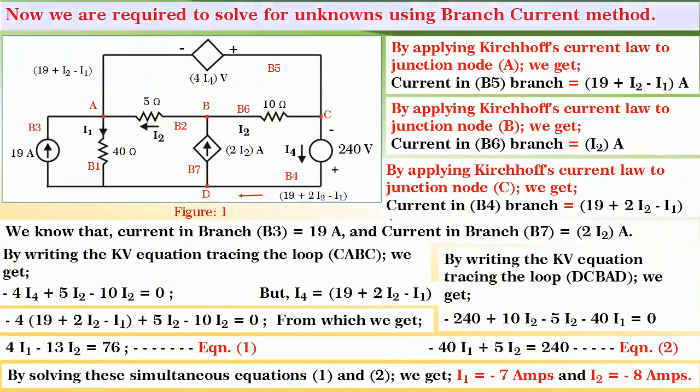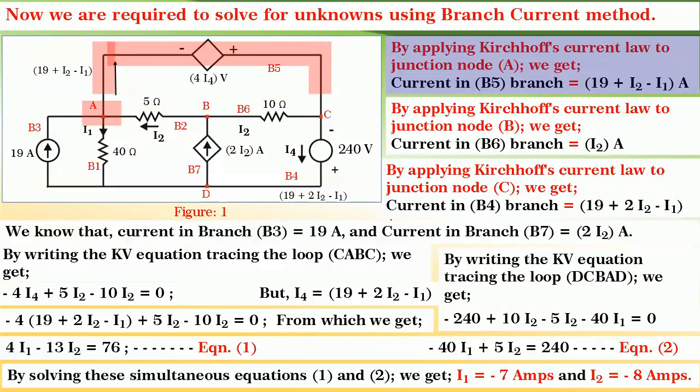Now, we are required to solve for unknowns using the branch current method. First, let us assume the current flowing through branch 1 as I1 and the current flowing through branch 2 as I2 as shown in the figure. By applying Kirchhoff's current law to junction node A, we get current in branch 5 as 19 plus I2 minus I1 amperes.